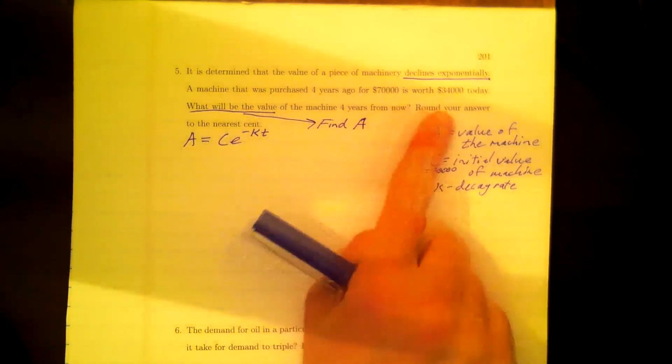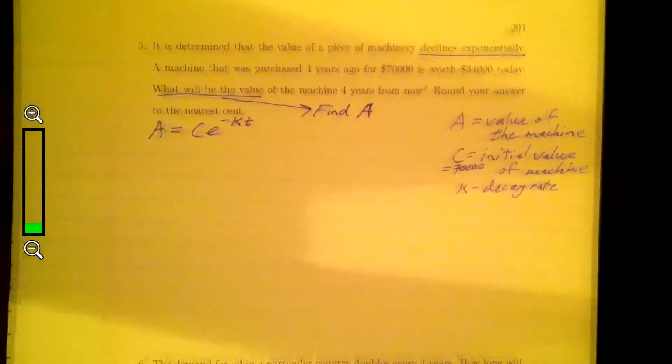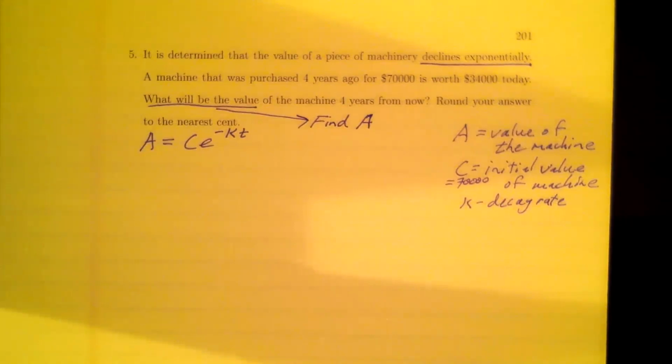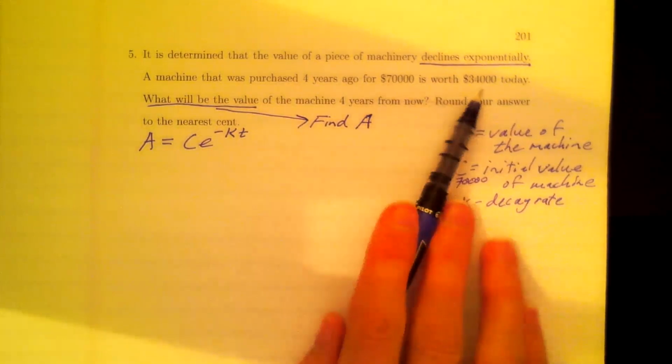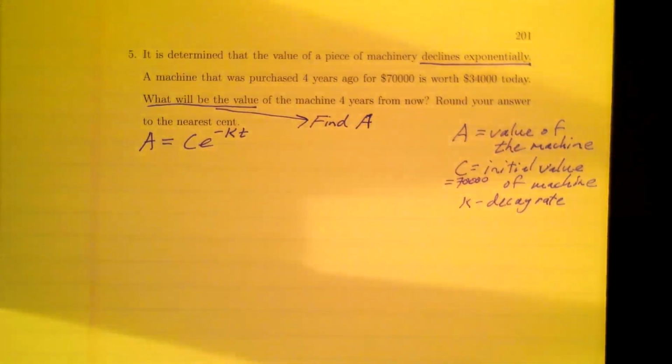And 4 years after that, so that is today, it's worth 34,000. They didn't say it's declining at a rate of such and such percent per year. They gave me 2 data points. We noticed it was worth this much at this time, and then later it's worth that much. So we have to find K.